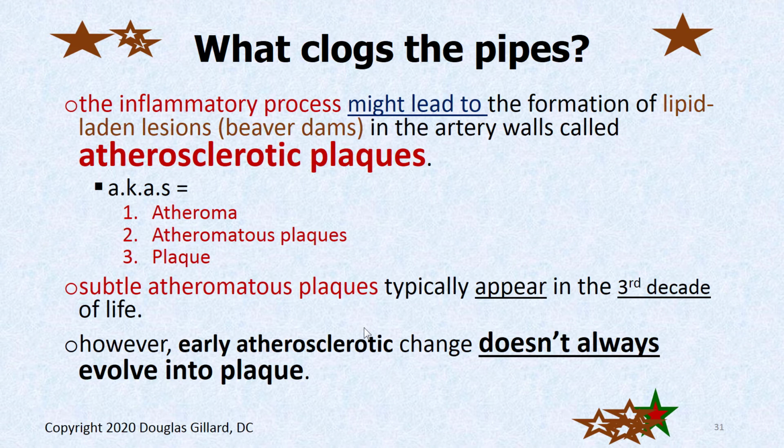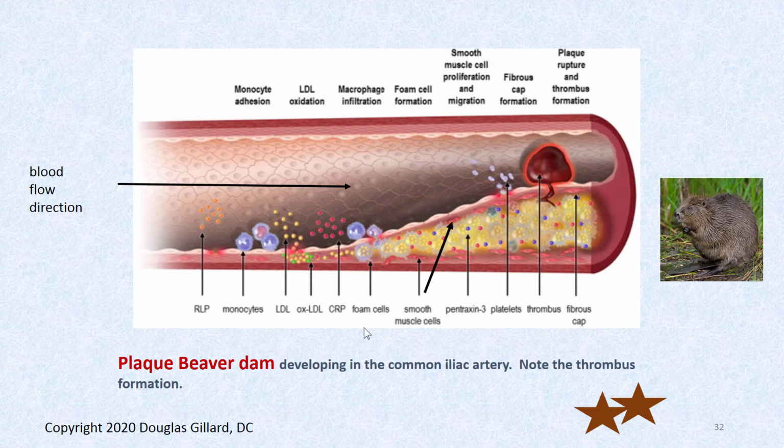What clogs up the pipes? Well, it's the process of atherosclerosis, as we'll learn here in a second. The end phase of atherosclerosis is the formation of a plaque, which is really a beaver dam. And yeah, these plaques can appear in people your age, but they usually don't cause trouble until you get in your 50s or 60s. It takes a while for the beaver dam to get into full play.